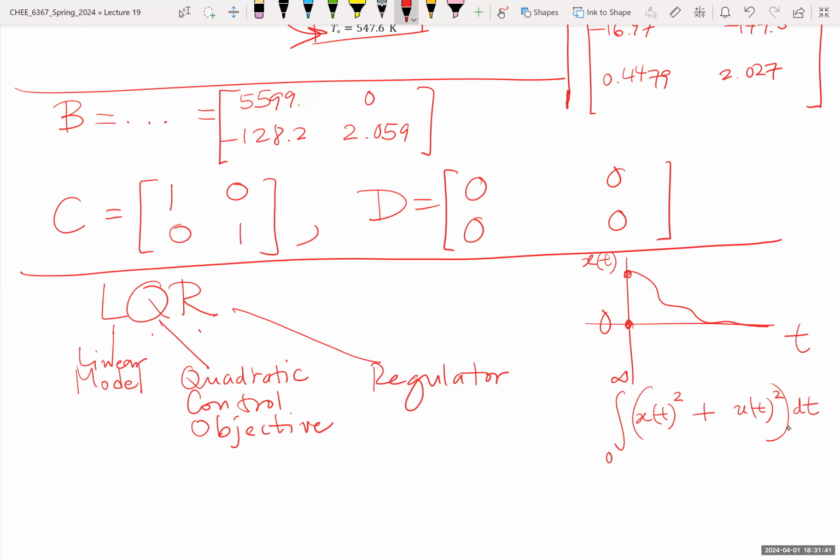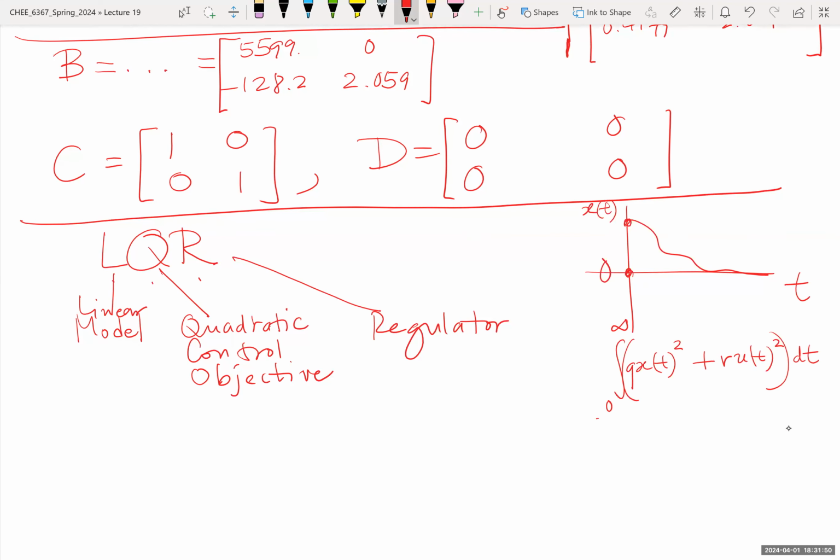And frequently there are weights on these, Q and R, and because these are usually vectors, you have x transpose of t Q x of t, where this is vector matrix vector, plus u transpose of t R u, integral 0 to infinity dt, the whole thing.